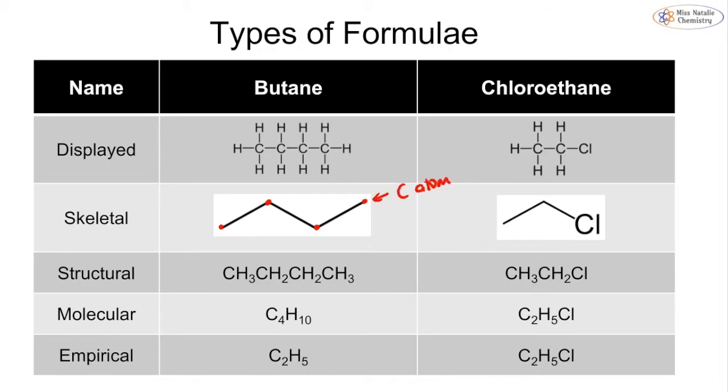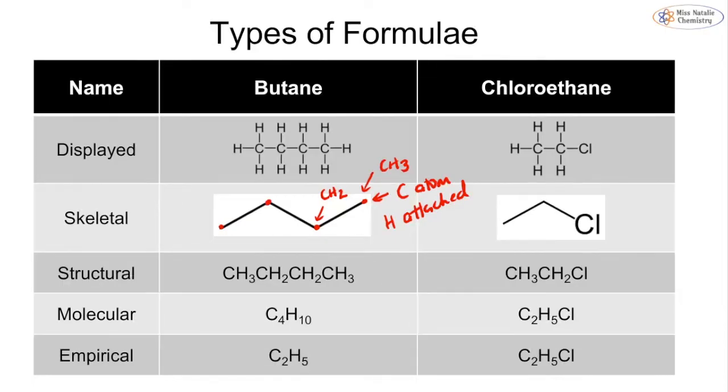And we also make the assumption that that carbon atom has a specific number of hydrogens attached. If it is on the end, then it would be a CH3, and if it's in the middle, it would be a CH2. So it's just a quicker way for us to show structures, and you'll see these skeletal formulas being used more and more when we have more complex structures.